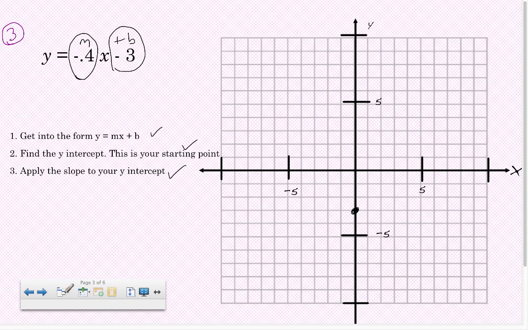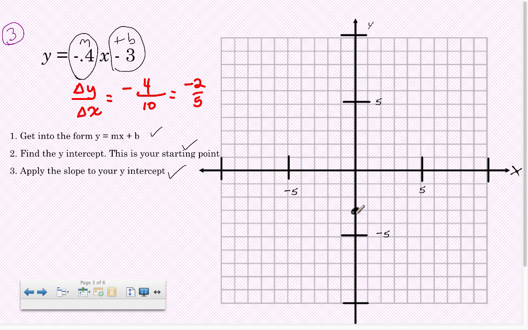All right, well, my slope, if I come back to it, means the change in y over the change in x. And I have -0.4. Well, I like it when my slope's a fraction. Oh, 0.4, that means 4/10. So -4/10 reduces down to -2/5. Okay, that wasn't that bad. So I'm going to start here.